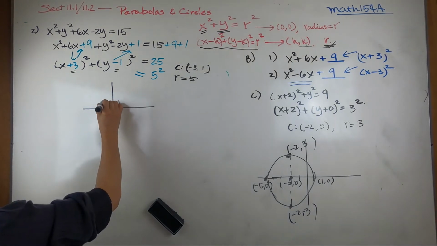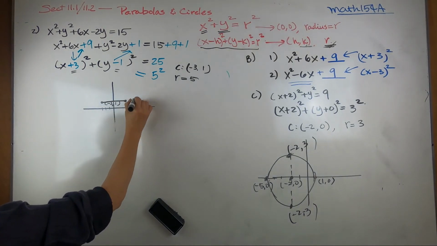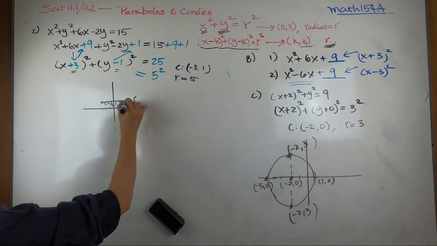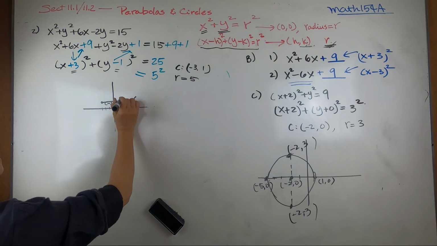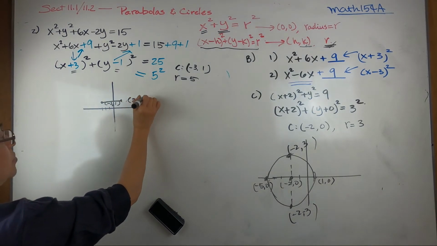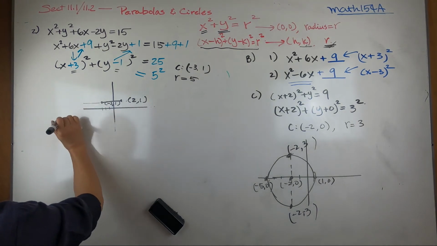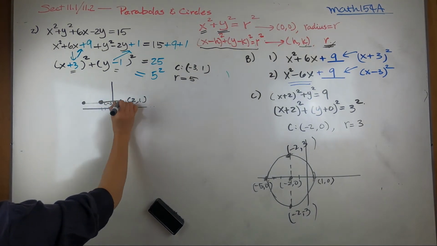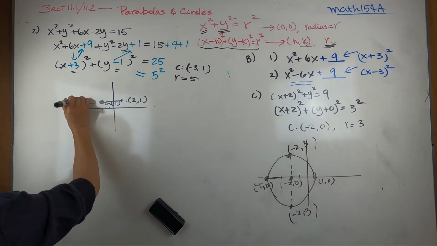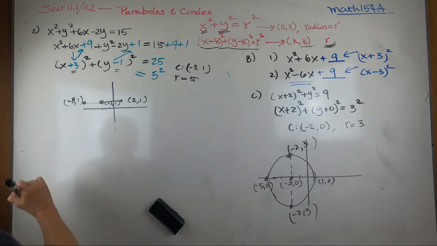So you'll need to go 5 positions here. That would be still 1, right? So that would be 3 there. So that would be 2 and 1. Then your 5 positions here, that would be this position, -3, 5 positions over, -8 and 1, right?